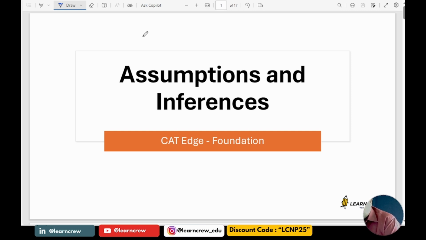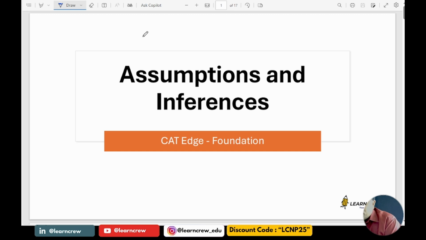Like that, we can have so many examples related to assumptions and inferences. For example, somebody is not answering their phone because they are ignoring. It is an assumption. Somebody is not answering the phone because she is in a meeting. It is a logical connectivity based on evidence.